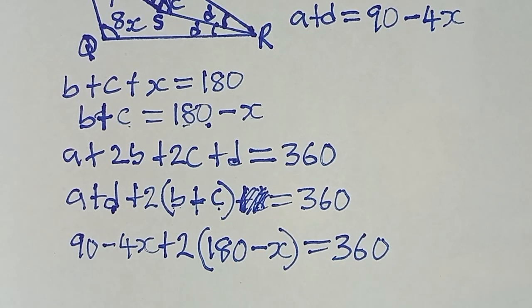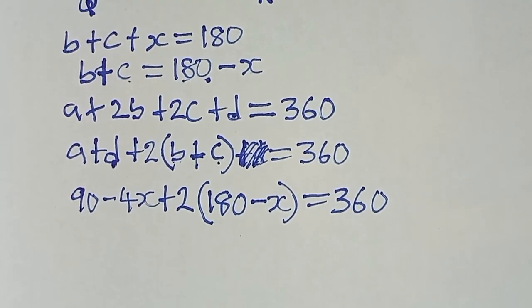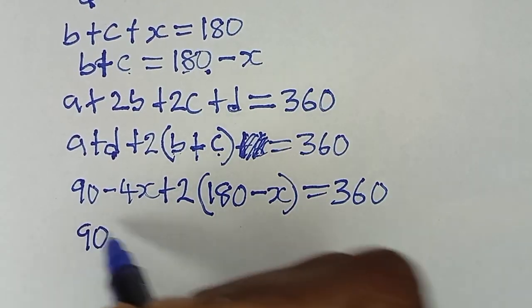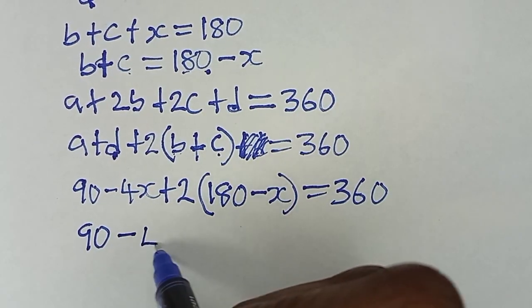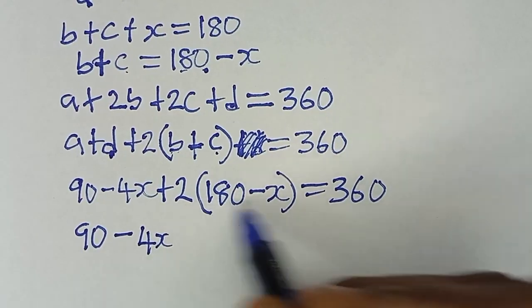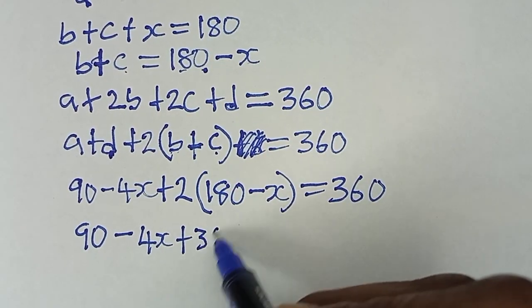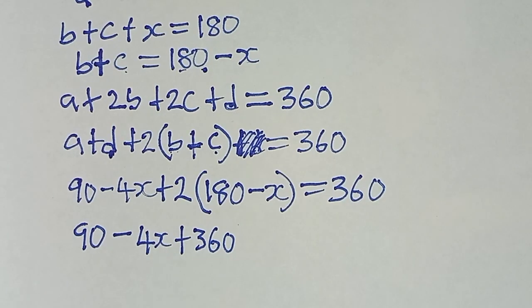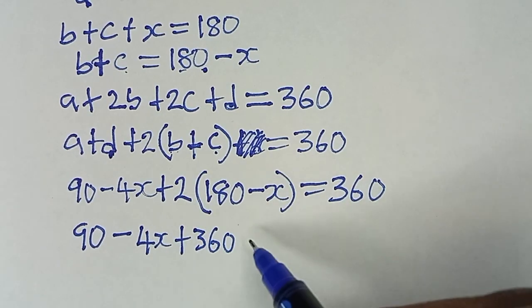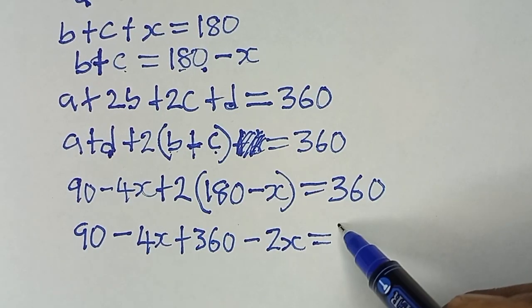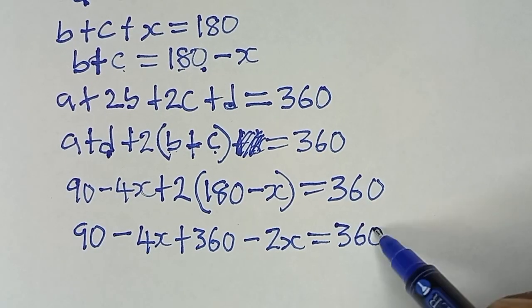So I'm going to simplify further now so that I can get the value of x. So that will be 90 minus 4x. And then I expand this. It's going to give me 2 multiplied by this will give me plus 360. And then 2 multiplied by this will give me minus 2x. And that will be equal to 360.